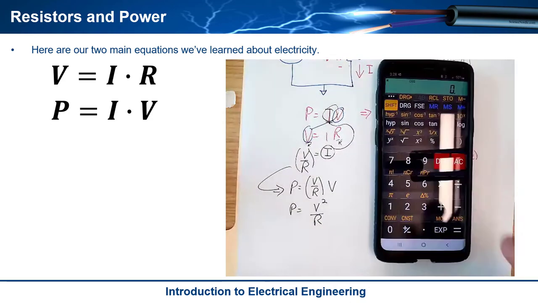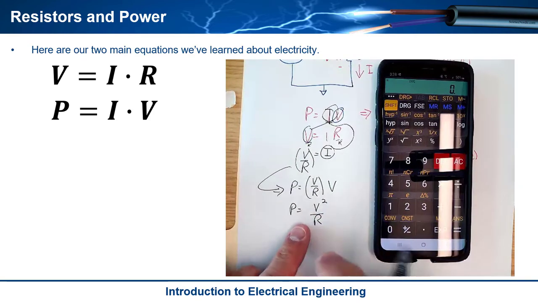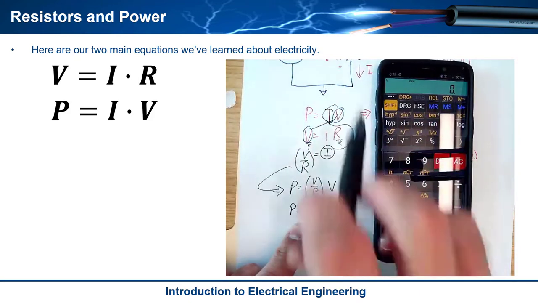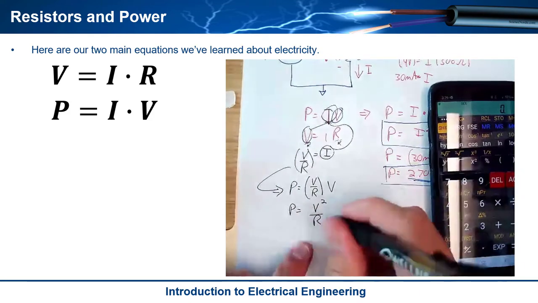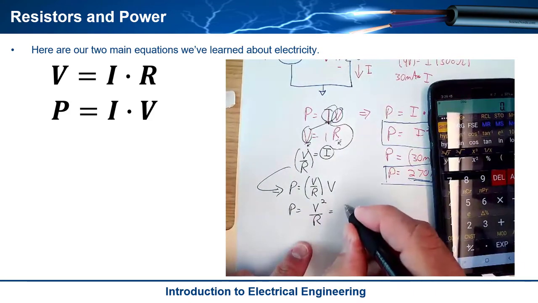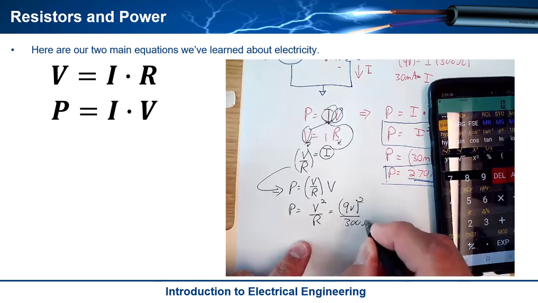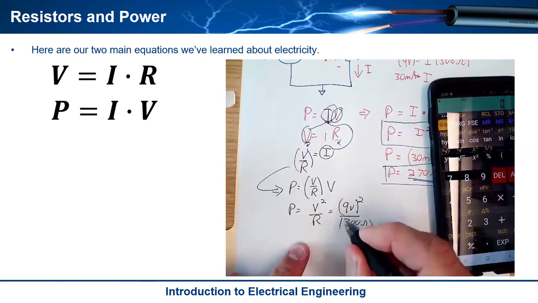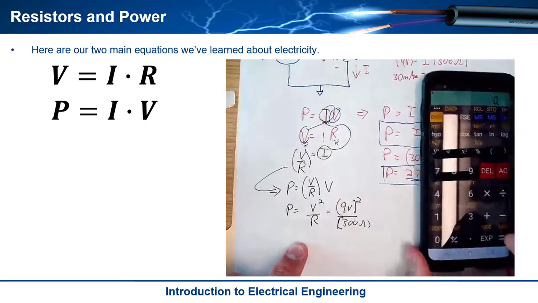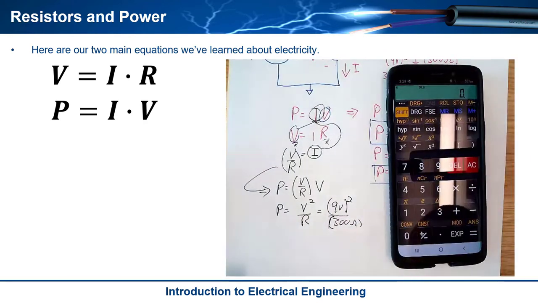So I'm going to come back to old trusty and say, all right, what is the voltage across that resistor? It's 9 volts. And what is the resistance? It's 300. So I'm going to say 9 volts squared over 300 ohms. Now what do we got? Make sure your brackets are curly or they look like ones. Let me get a little glare off that calculator.